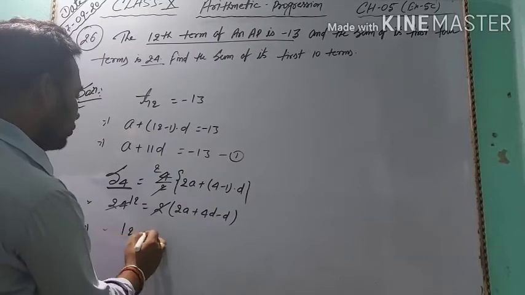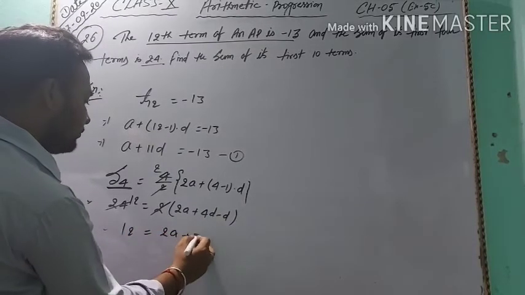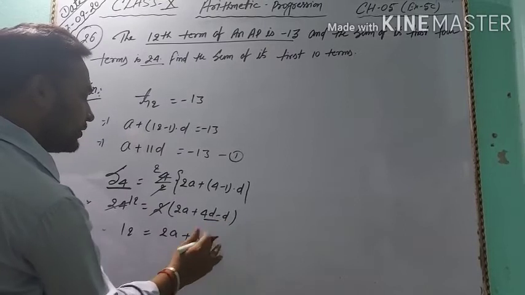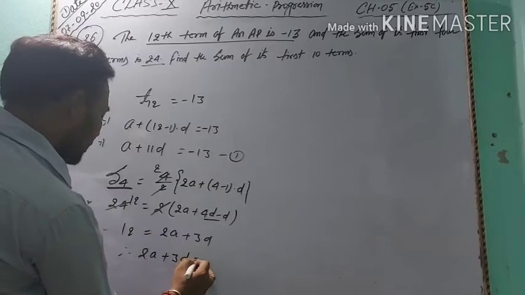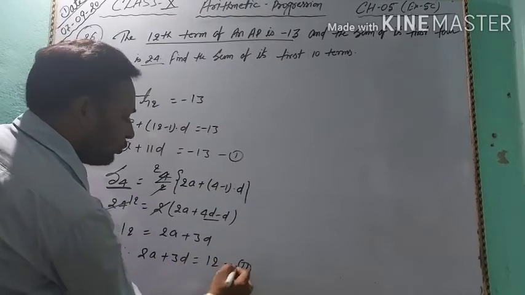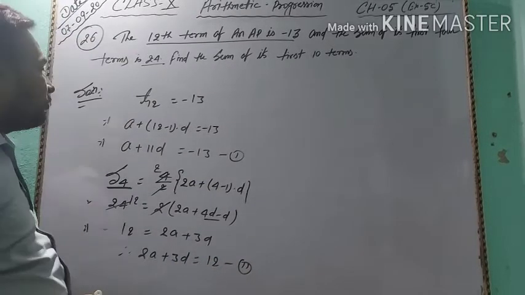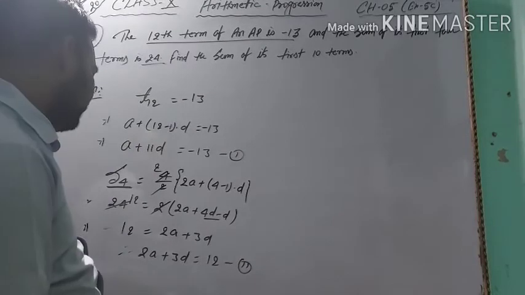So 12 equal to 2A plus 3D, since 4D minus 1D is 3D. So 2A plus 3D equal to 12. This is equation 2.